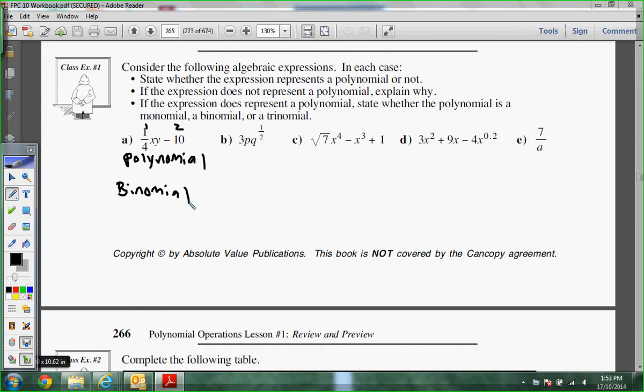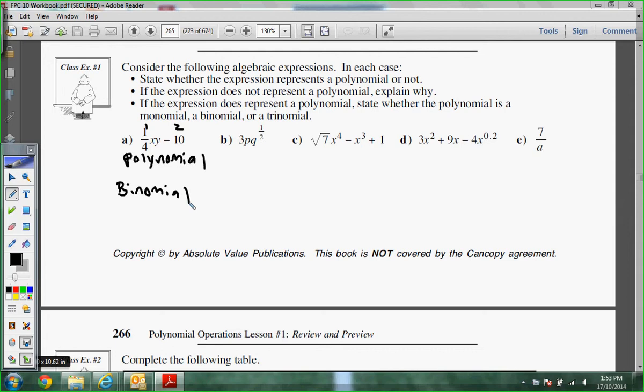Okay, so let's go back in case I skipped over it, just to refresh. A polynomial is a sum or difference of monomials. That's where it gets kind of weird. A monomial by itself is not a polynomial. You have to have an addition or subtraction of monomials. See right here, we have a subtraction of 2 monomials. But here, what do we have?